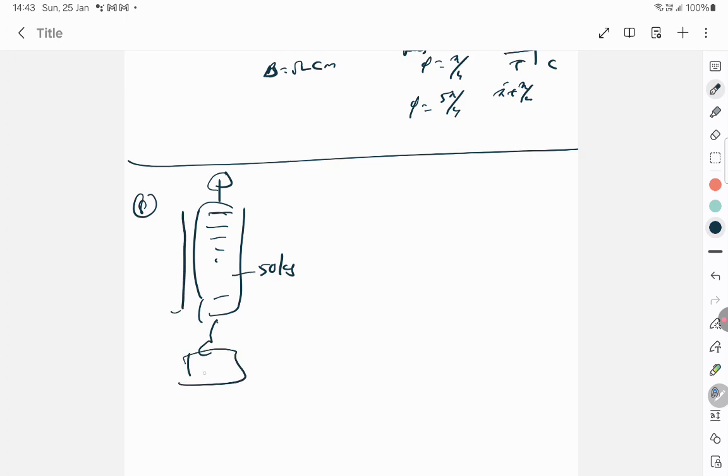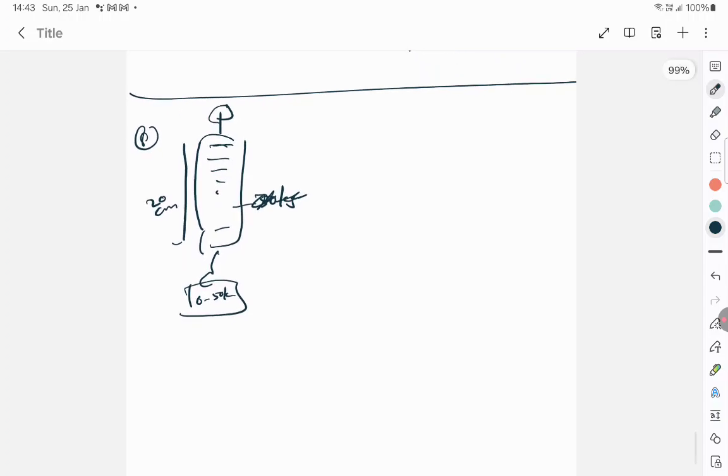So you can put a weight of 0 to 50 kg, and the scale has got a 20 centimeter length. A body suspended from the spring, when displaced and released, oscillates with a period of 0.60 seconds. The time period has been given. What is the weight of the body?